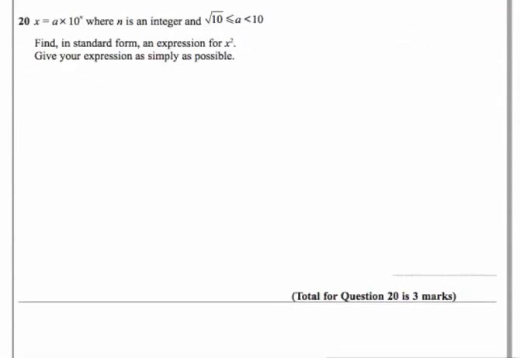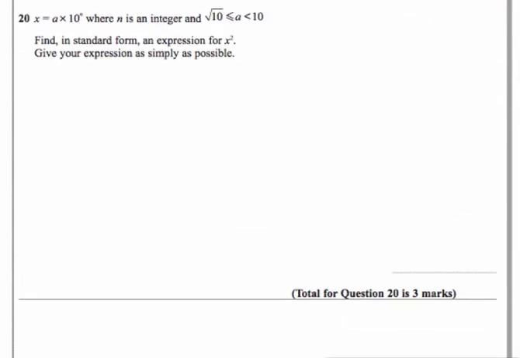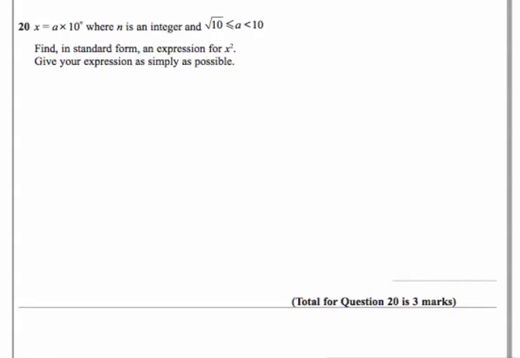Now this next question looks, yeah, this is not easy. This relies on us really understanding about standard form for a start. We've got to remember that standard form, if you remember, is a times 10 to the b.